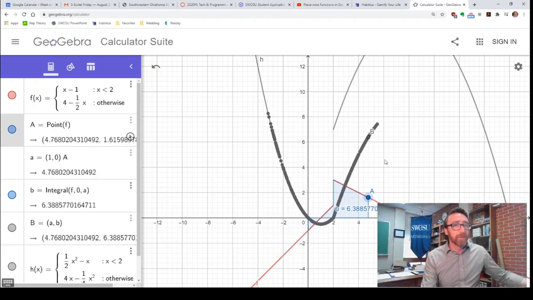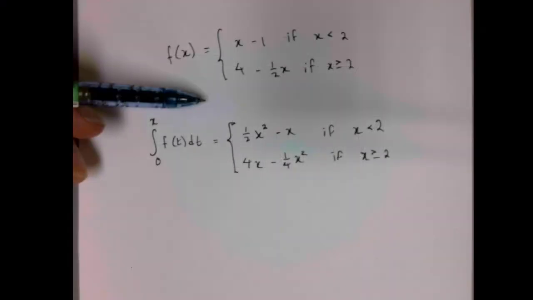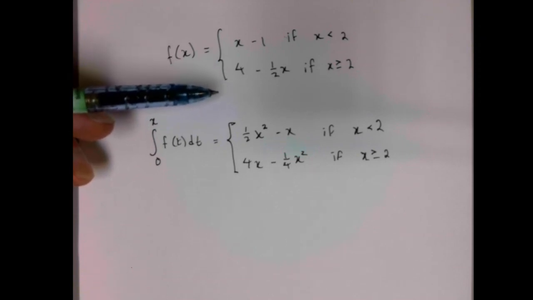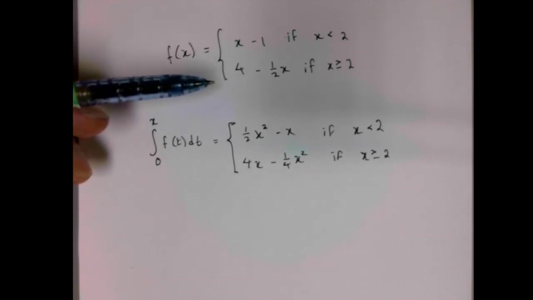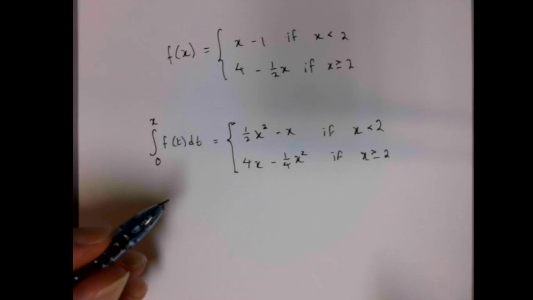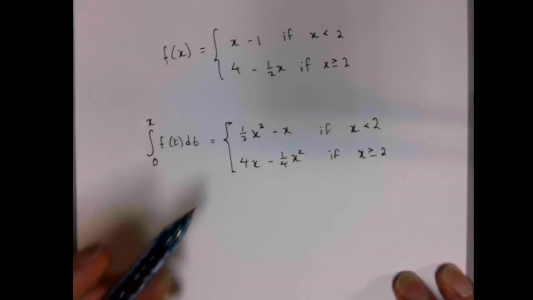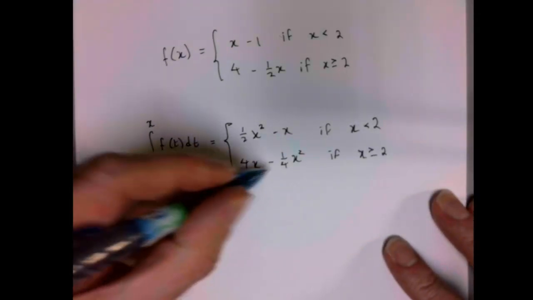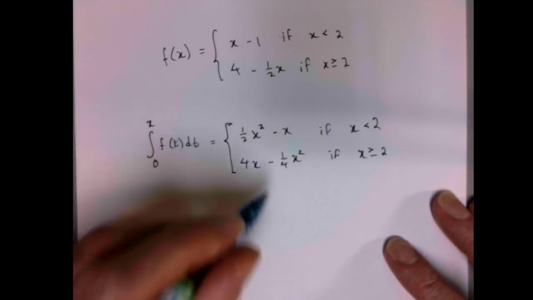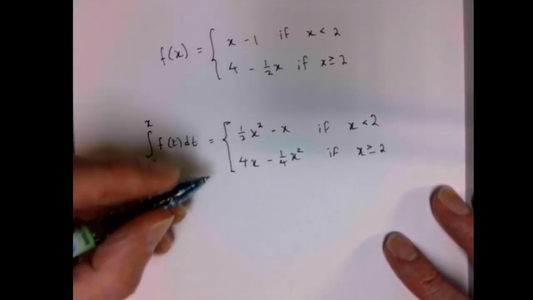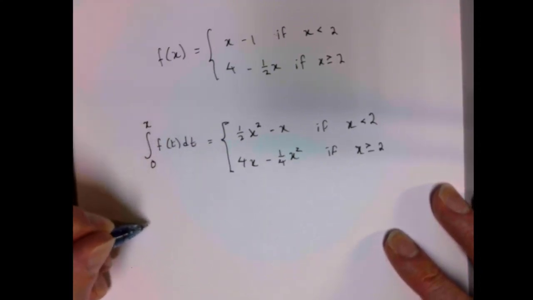So simply finding the antiderivative of each curve individually doesn't quite work. And I bet you can understand why. This is an antiderivative. It's not the antiderivative.